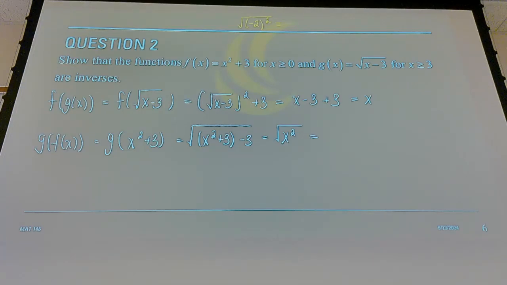What is the square root of negative 2 squared? Does 2 equal negative 2? Which means the square root of x squared cannot be x.